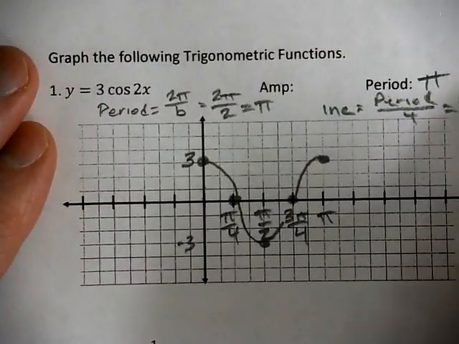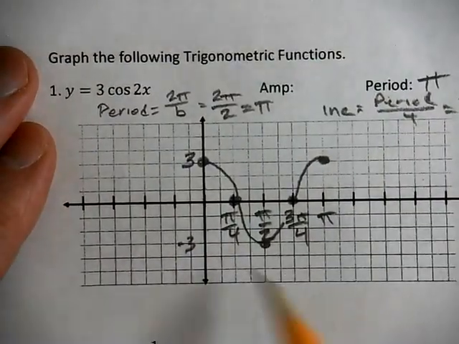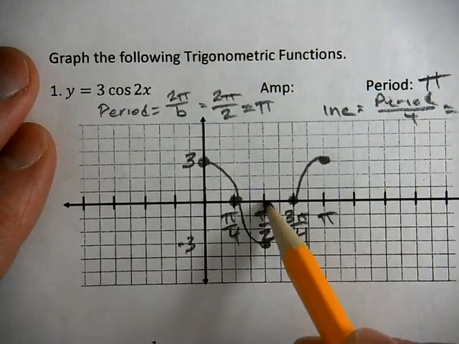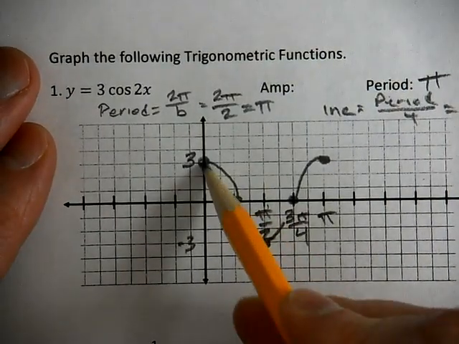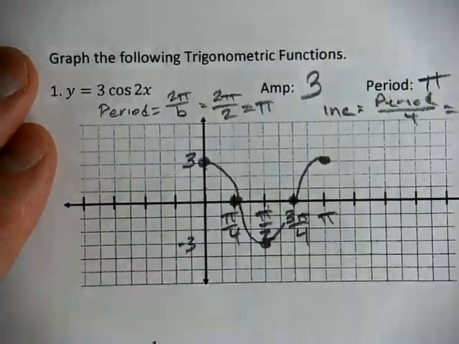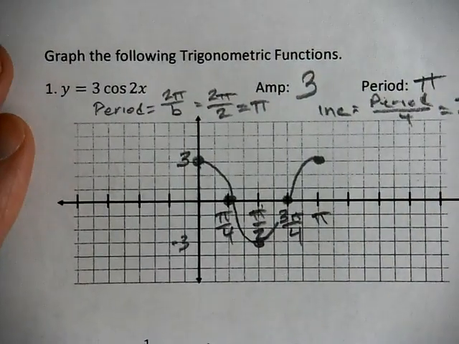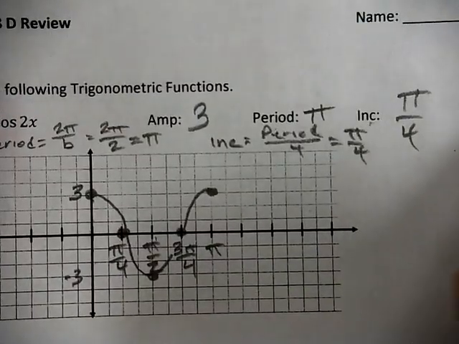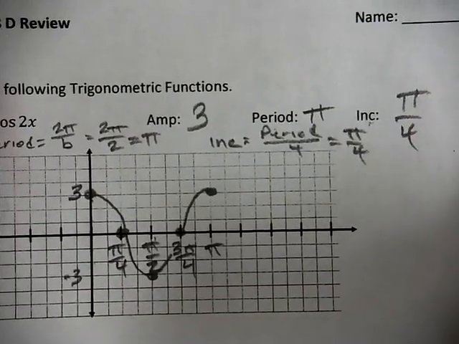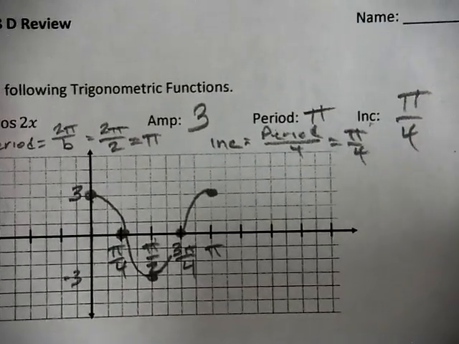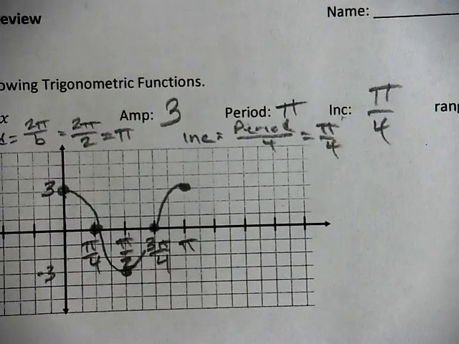We're doing our increments by pi over 4. Our amplitude, of course, from our midline down or our midline up is a length of 3. It's always a positive number. And our range is going from -3 to 3.